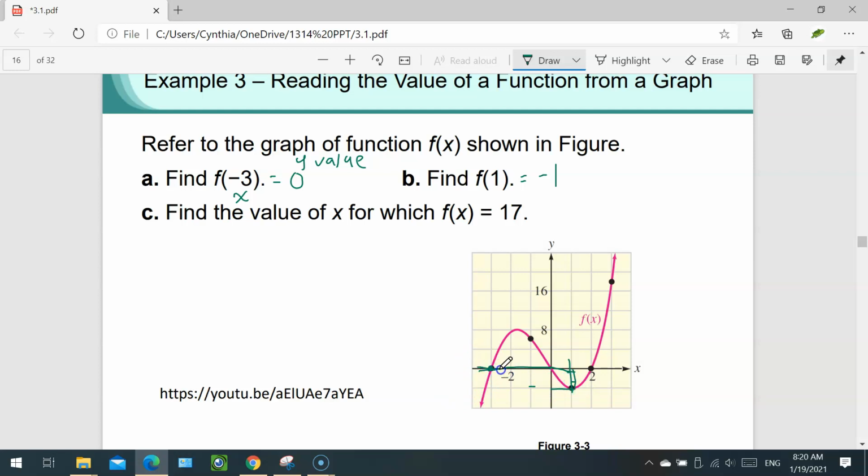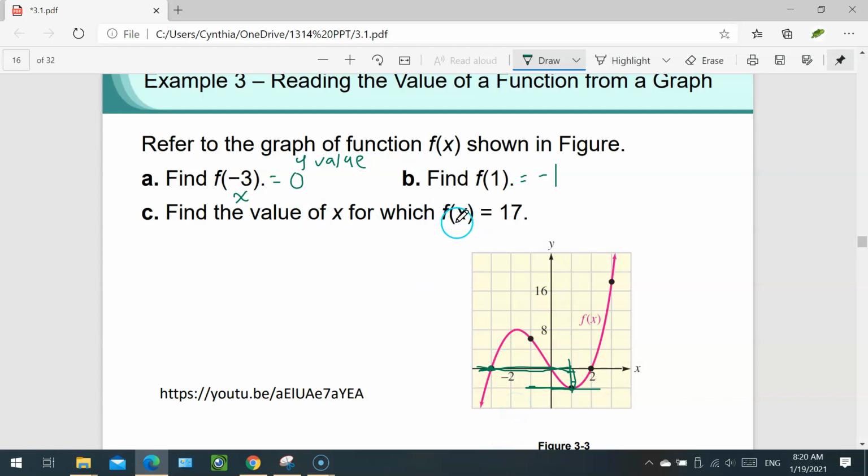So when x equals -3, this is a point, right? And then you draw the horizontal line to hit the y-axis. So that will be the y value. When they give you x equals 1, x equals 1 is here. You go down to find that point and look at your y-axis, so it's -1.